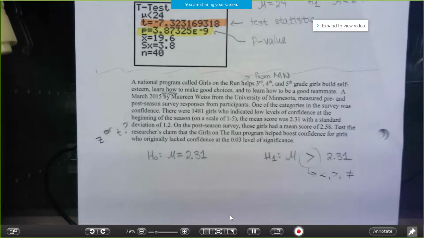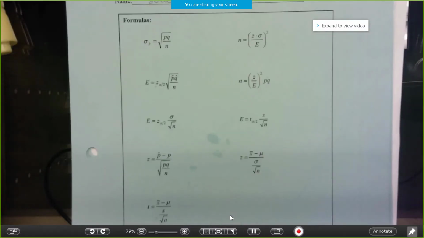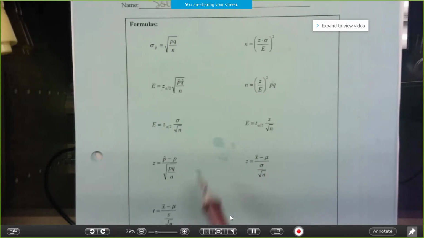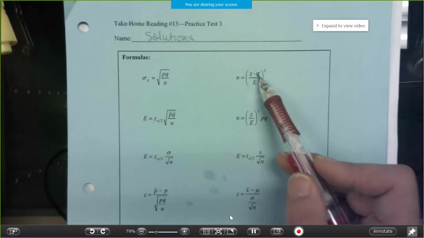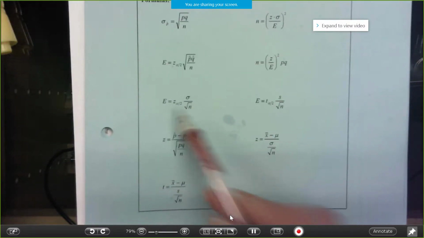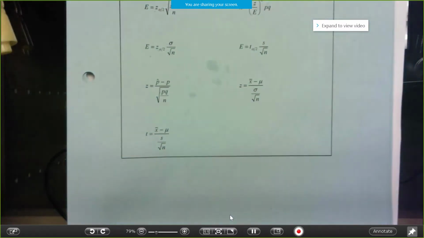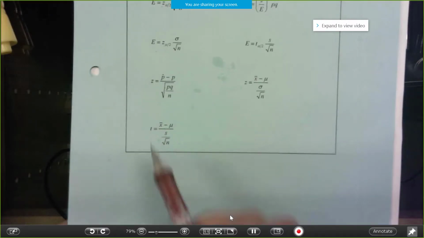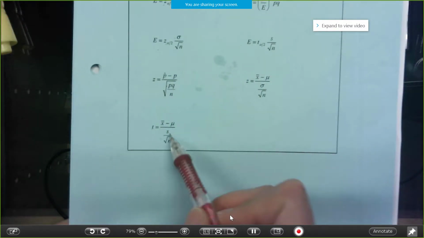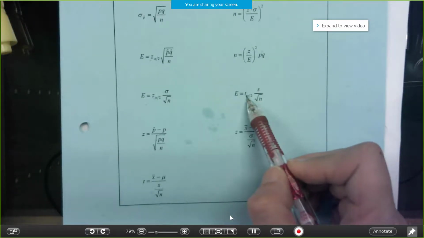So Z is if we know sigma. So again, if we look at our formula sheet, anytime there's a sigma, it goes with a Z, right? Sigma Z, sigma Z, sigma Z. If we don't know sigma, if we have to use S, that always goes with T, ST, ST. Okay?